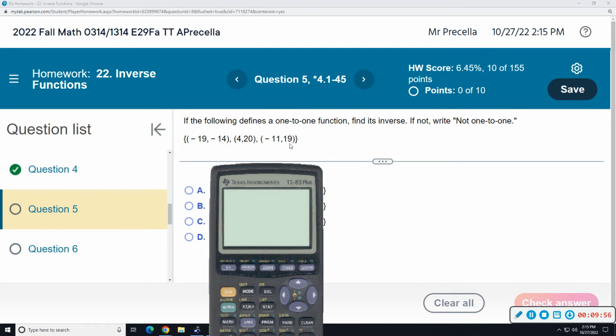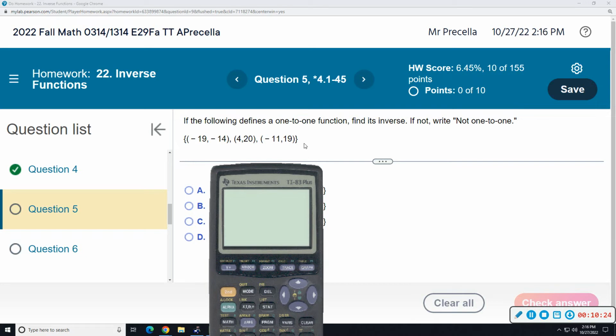Is it 1-to-1? Yes. So let me write this problem down. We're going to have to find the inverse. The ordered pairs are negative 19, comma, negative 14, and 4, comma, 20, and negative 11, 19.